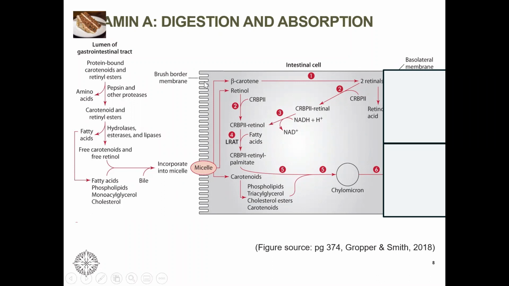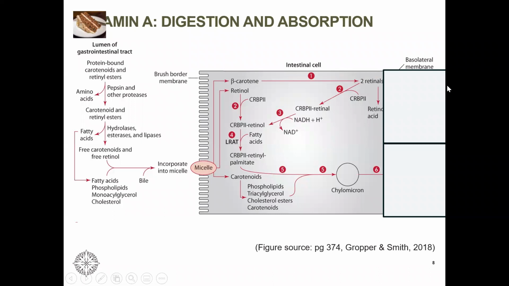So now look at the amount of work this intestinal cell is doing. Let's go from top to bottom. Beta carotene can be converted to retinol. And then that retinol can be converted to retinoic acid, which our body can use, and it will travel to the liver.